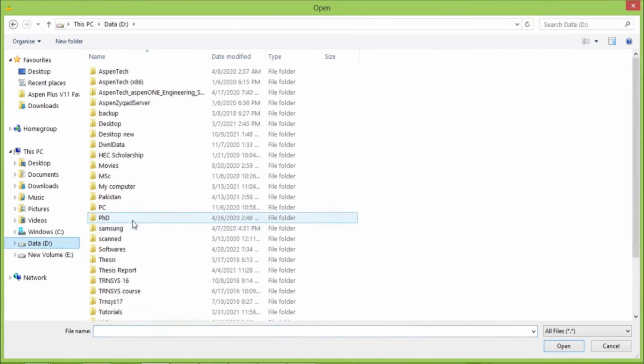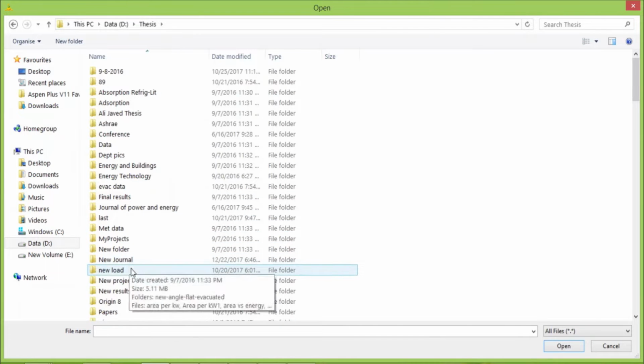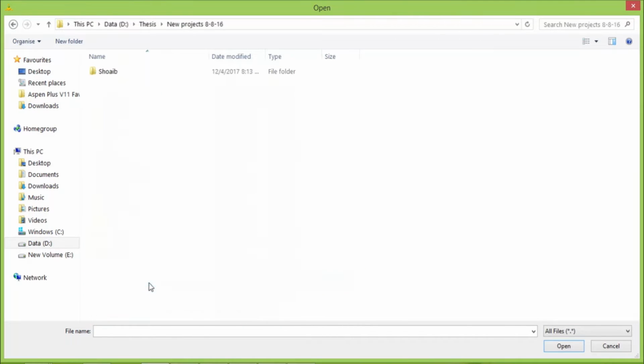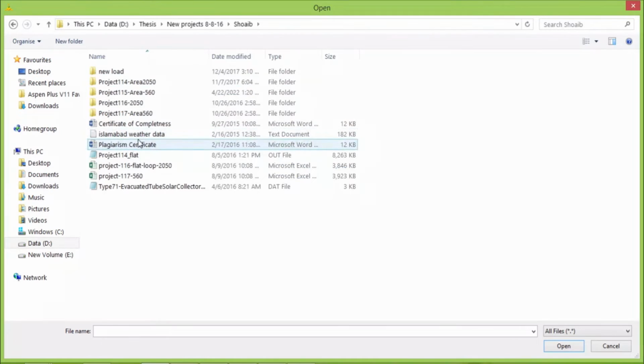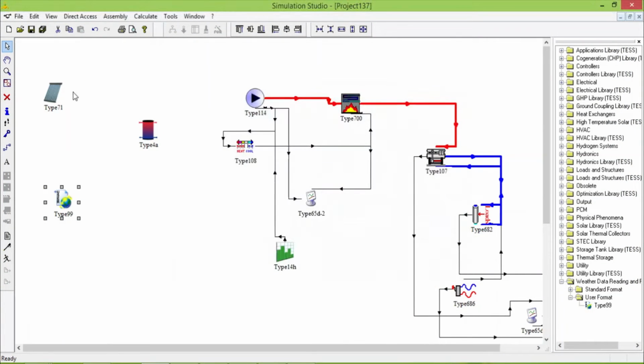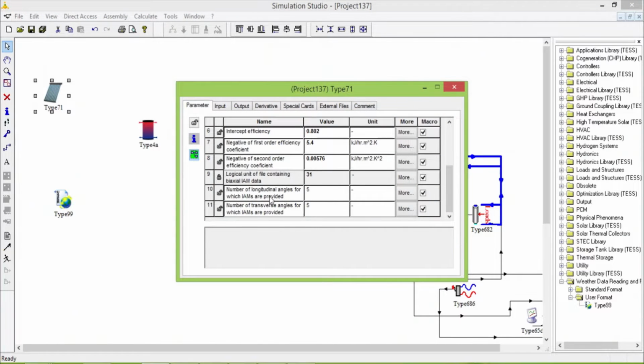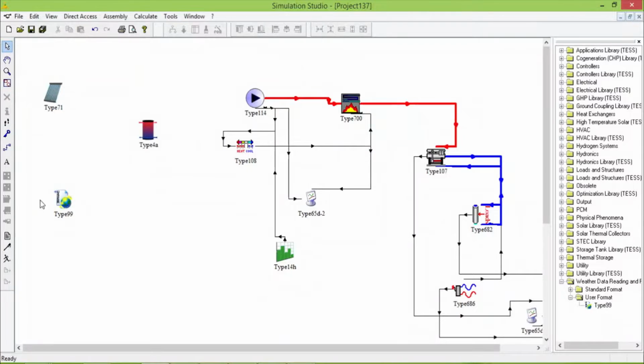Okay, observe this. One more thing here: the number of angles I need to change to 1 because by default it was 5. So I changed it.